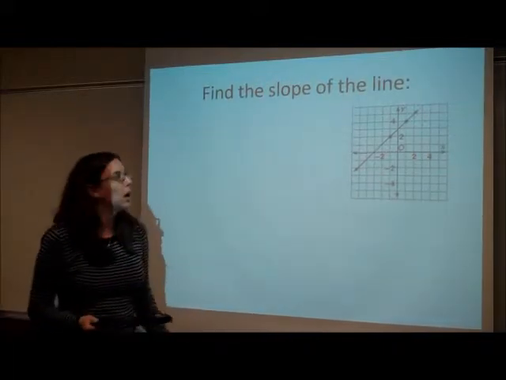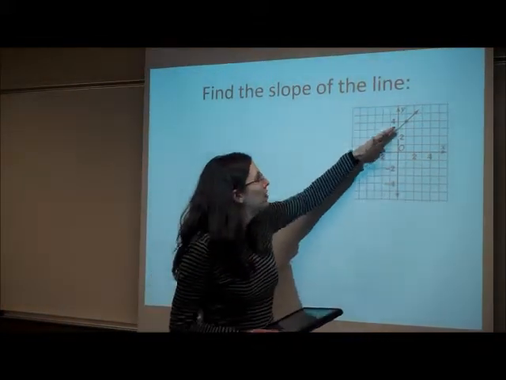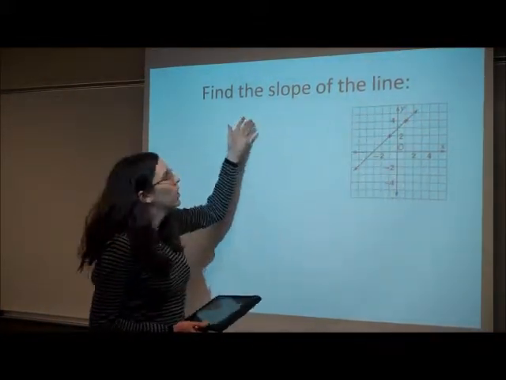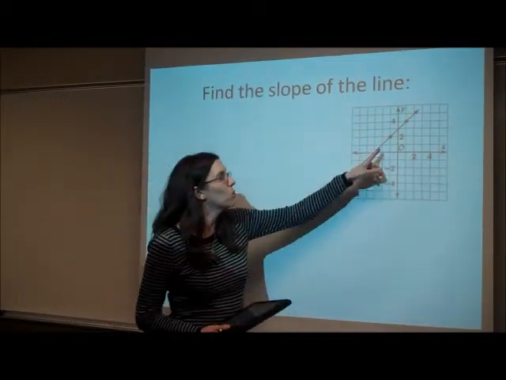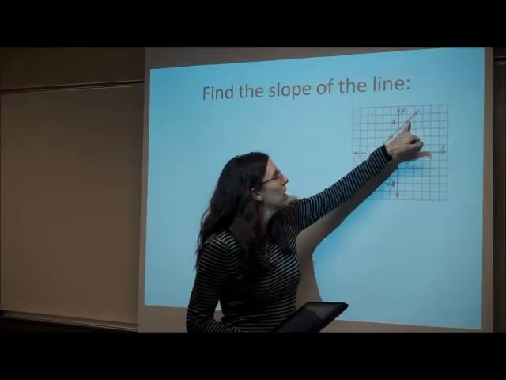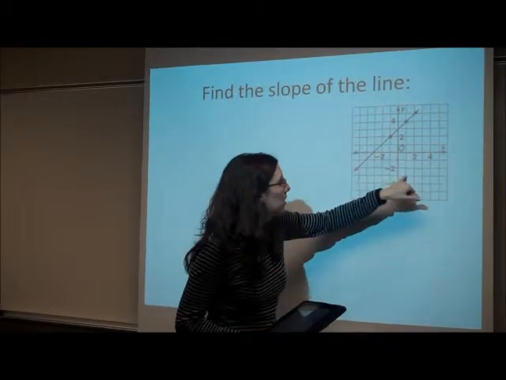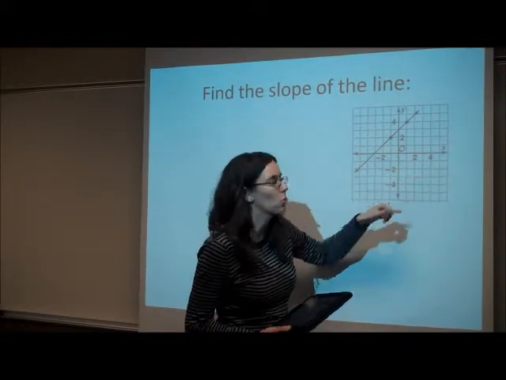So part of your problems will give you a graph and you have a line and they'll ask you to find the slope of the line. The first thing you need to do is to find the coordinates of some of the points. You want to look for where it actually crosses, if possible, on the grid, okay, instead of kind of in the middle of a square.